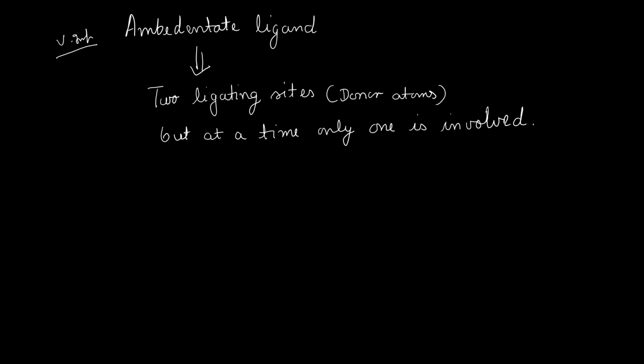So all those ligands which have two ligating sites, but at a time only one is involved, are said to be ambidentate ligands. The best examples of ambidentate ligands are CN minus, that is cyanide ion, then SCN minus, that is thiocyanate ion, and NO2 minus, that is nitrite ion. Now this CN minus has two ligating sites.